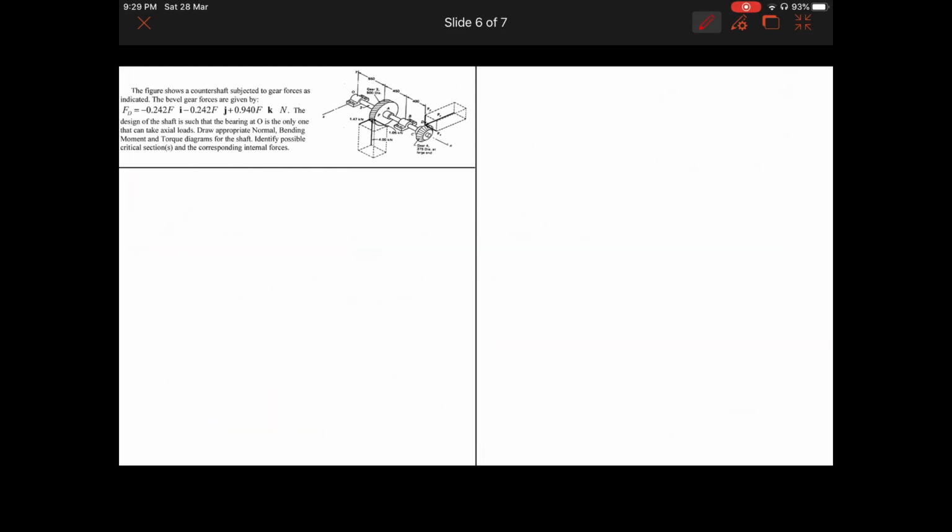So we will start by applying, which is step 2, the equations of motion. For the 3D problem, how many equations of motion do we have?